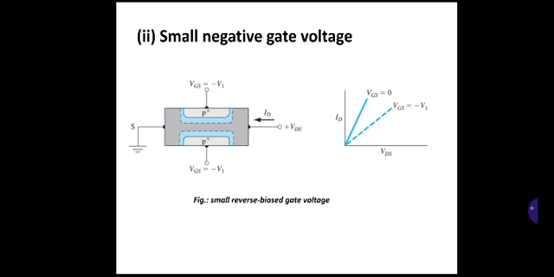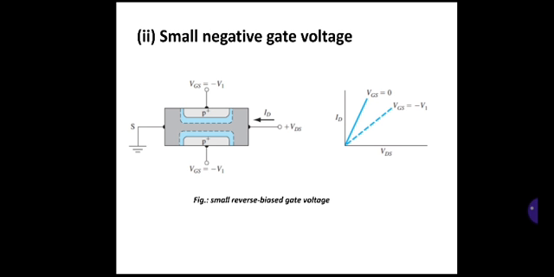So the space charge region becomes a little larger, so the channel region becomes narrow. The N channel becomes narrower than the previous case, and the resistance of the N channel increases. As the channel becomes narrow, the current flowing through it will observe a resistance.